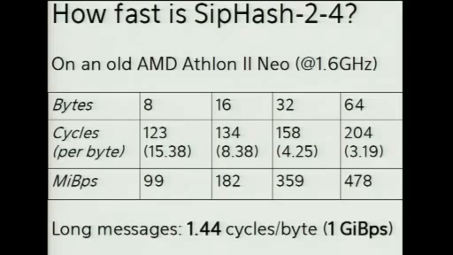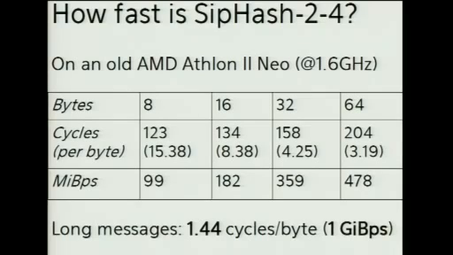The more bytes per message you hash, the faster the hashing rate, because the overhead of initialization and finalization is reduced. And if you hash very long messages, like 1 megabyte messages, it's as fast as about 1.44 cycles per byte, which means 1 gigabyte per second.